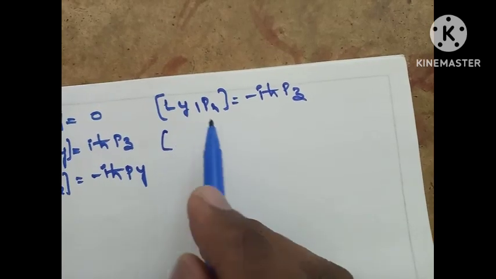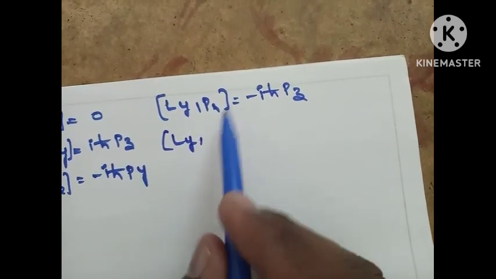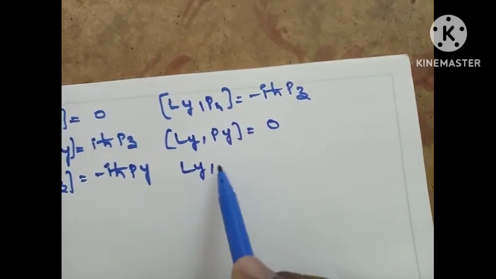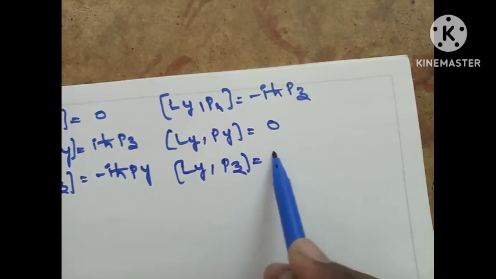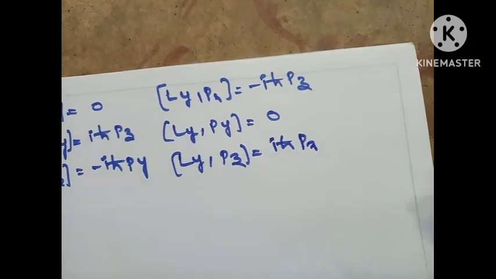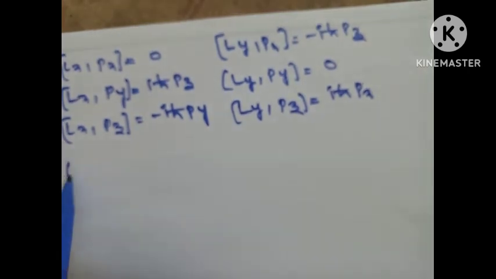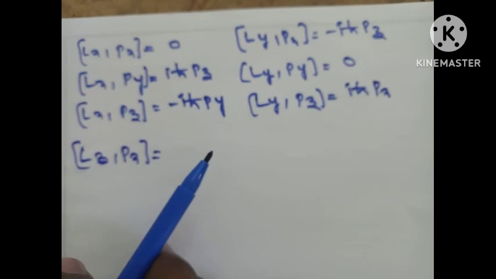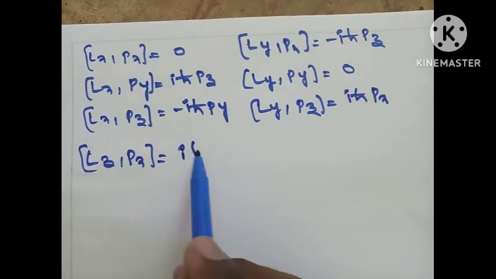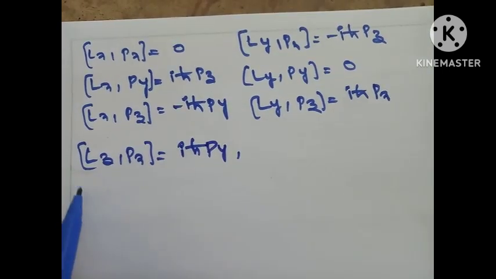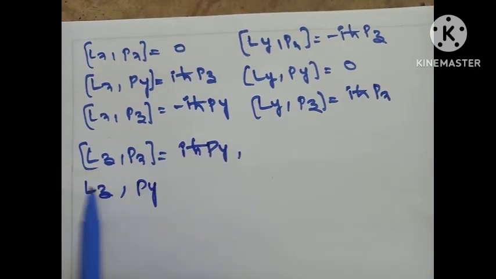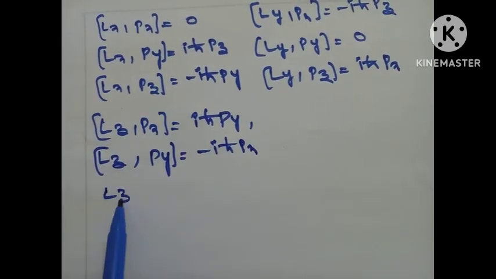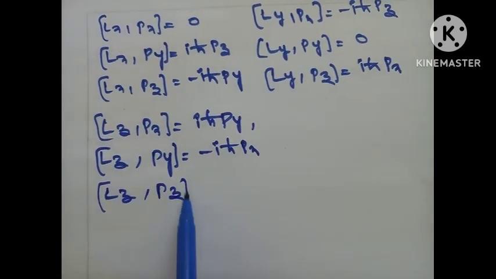Now the commutation between Ly comma Py is 0, and Ly comma Pz is iħ px, and the commutation between Lz comma Px is iħ py, and Lz comma Py is minus iħ px, and Lz comma Pz is 0.